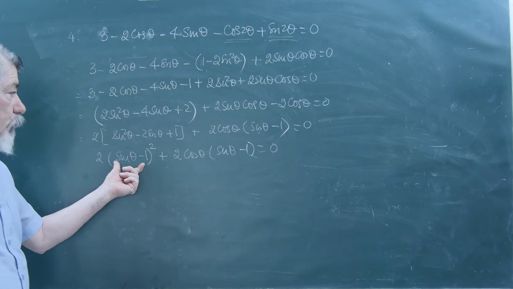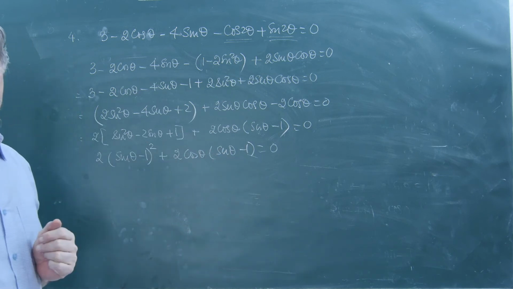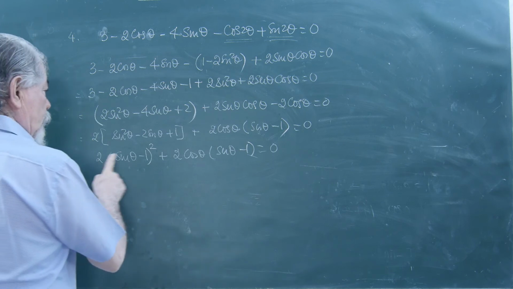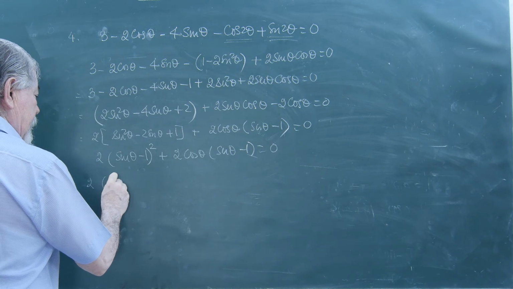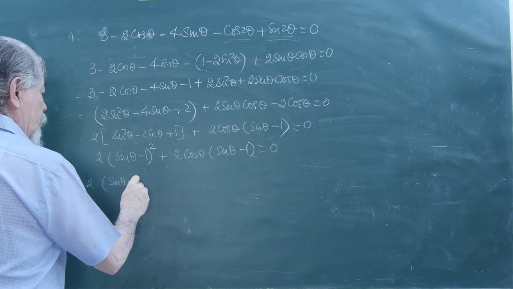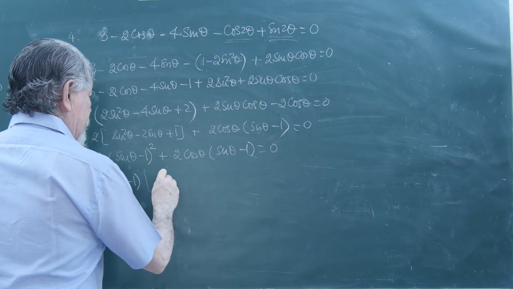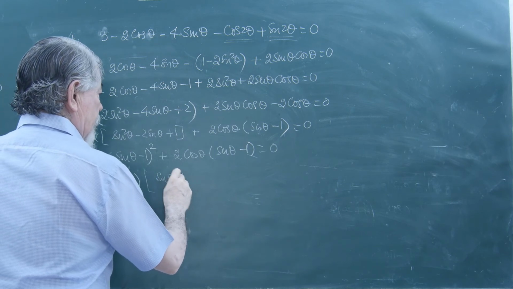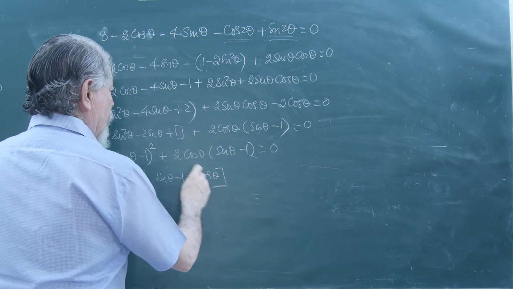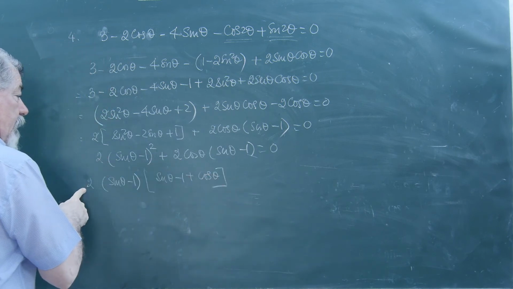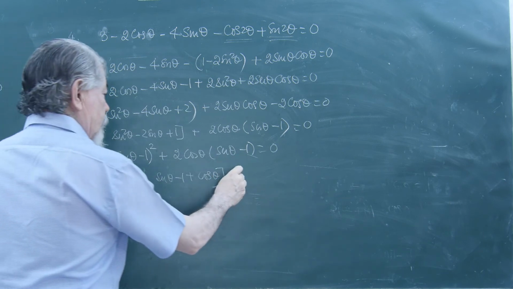I can take sine theta minus 1 common. 2 is of course common outside, and sine theta minus 1 is common. What is left inside is sine theta minus 1 plus cos theta, because 2 and sine theta minus 1 have already come out, is equal to 0.